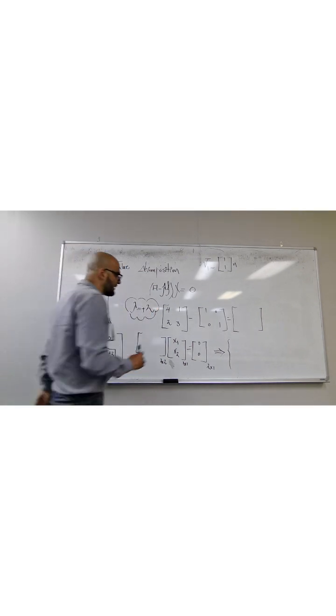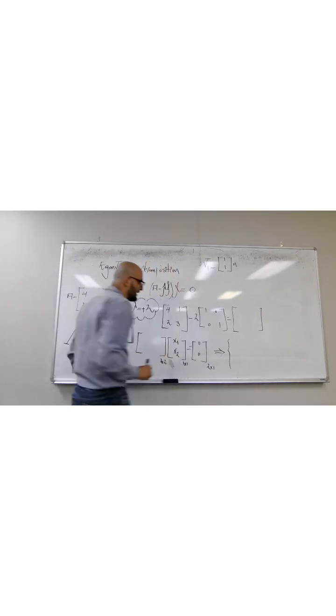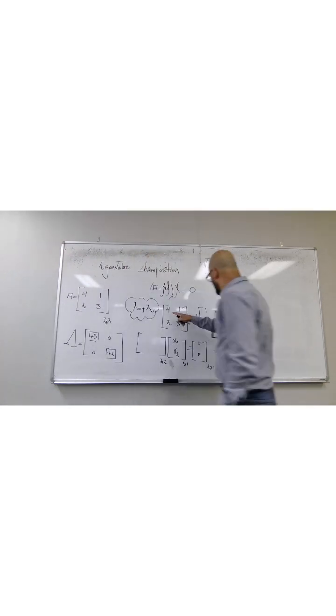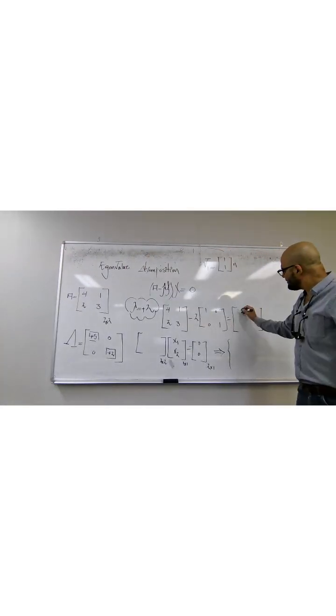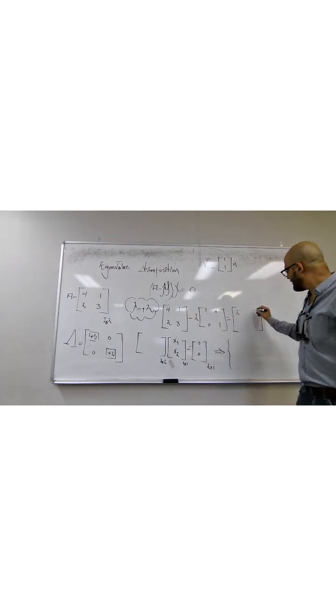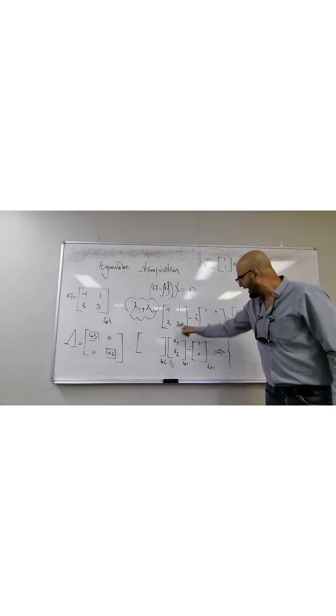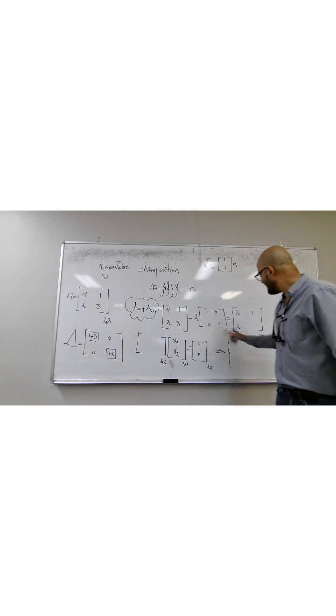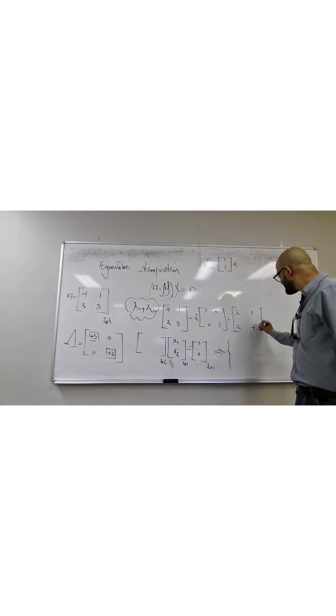If lambda becomes 2, then I have 2 over here. Let's see what the end result is. I have 4 minus 2, I get 2. I have 1 minus 0, I get 1. I have 2 minus 0, I have 2. I have 3 minus 2, I have plus 1.